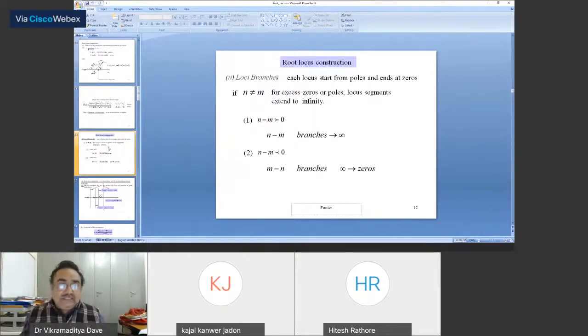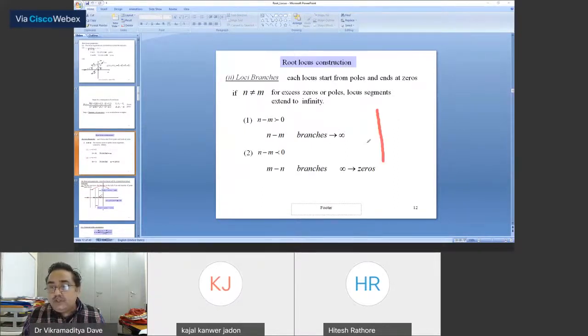Now root locus construction. First point is clear, number of root loci. Now each locus starts from poles and ends at zeros. Which means that suppose you have a graph paper with you.